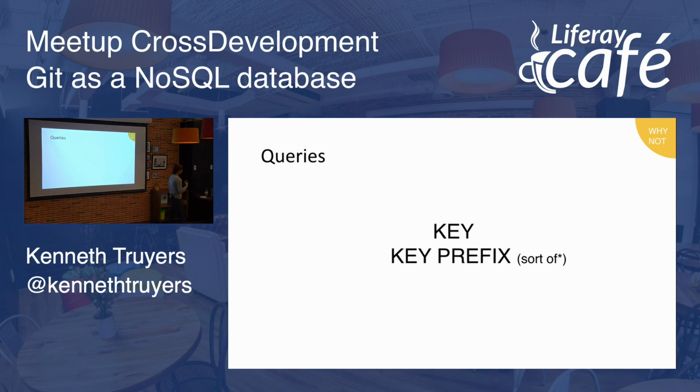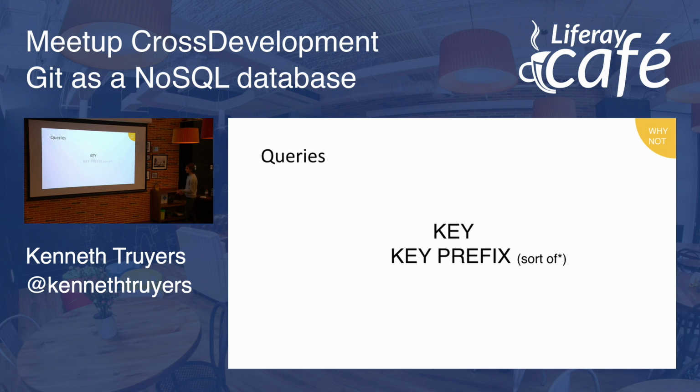The first thing is also not specific to Git as a NoSQL database. It's very common with key value stores. If you look at Azure Table Storage or Blob Storage, how do you query this? By key. You put in a value with a key and you get it out by that key.